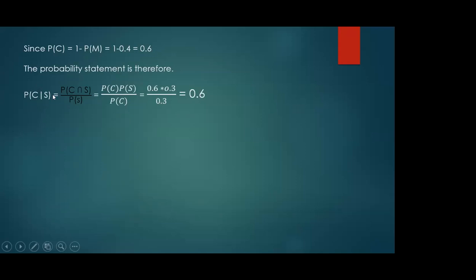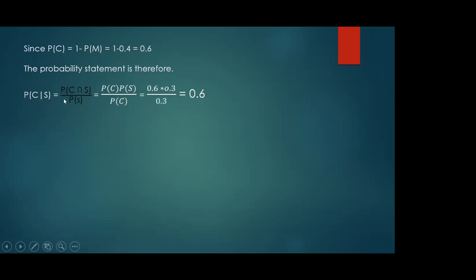This is going to be our conditional probability statement, and we know it's going to be equal to the probability of C intersect S divided by the probability of S, since S is the value that comes after the word given. So the only way that C can happen is if you're speeding. That's what the question is saying.